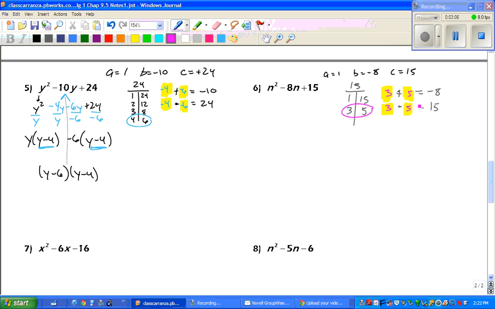It's the same thing since our middle term is negative and our last term is positive, so both of those are going to be negative. When you split the middle term, we get n squared, negative 3n, negative 5n, plus 15.